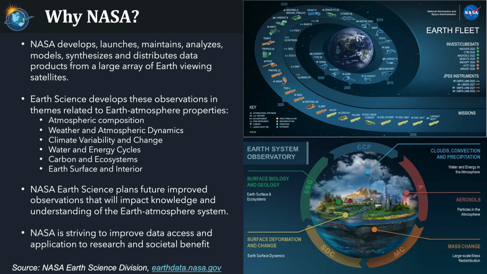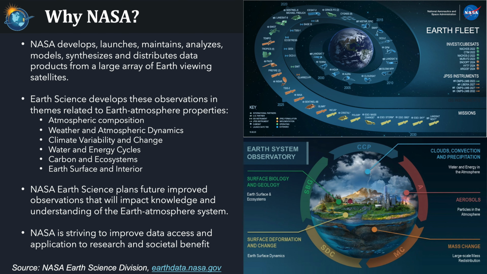What about the Earth's surface and interior? So these missions are to feed this science. But the reason we're here is because they also feed important applications that help inform decisions and planning and the sorts of studies that we've seen for these last 2 days. So we're striving to improve data access and application to research and societal benefits.